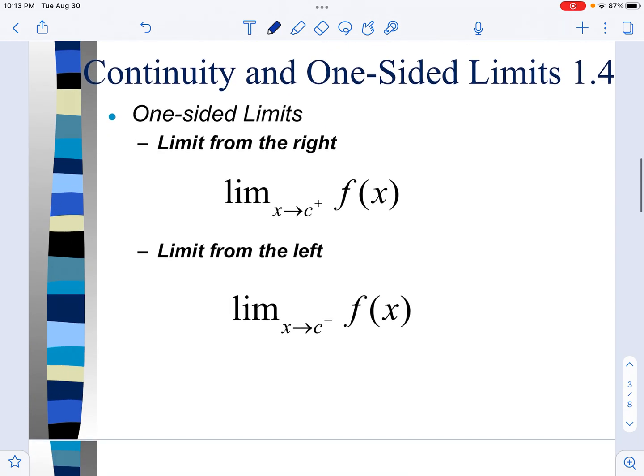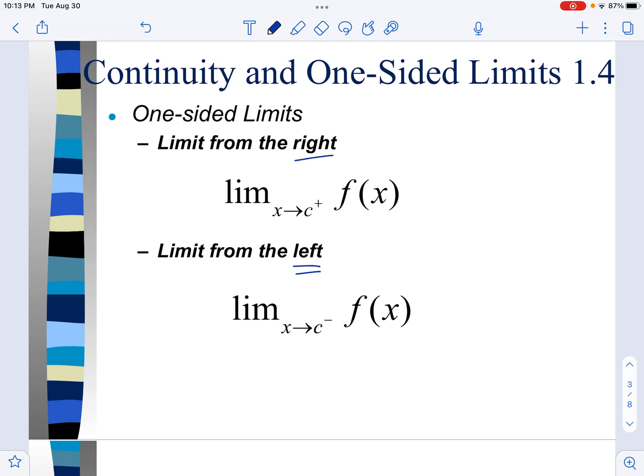So when we are talking about limits, we talked about limits coming from the left, limits coming from the right. So if you see a plus sign, that means you're coming from the right. If you see a little minus there by the c value, which is usually your number, you're coming from the left.